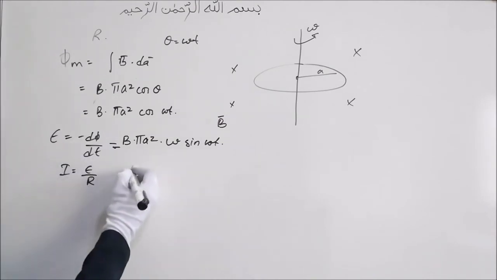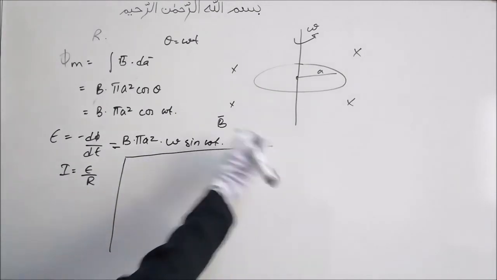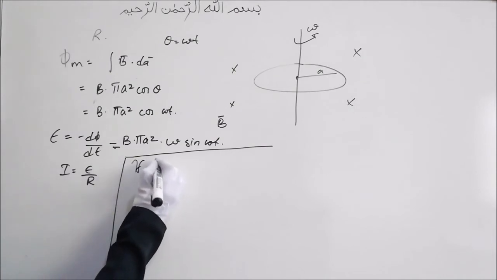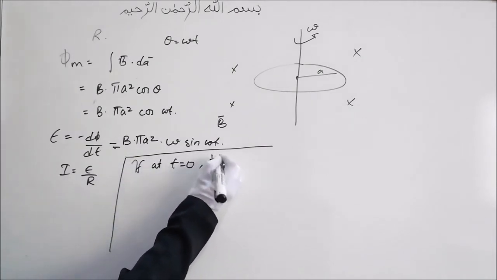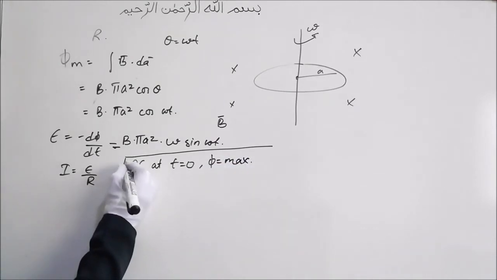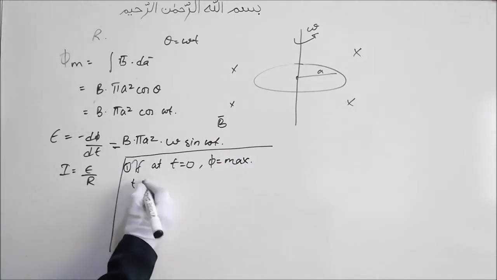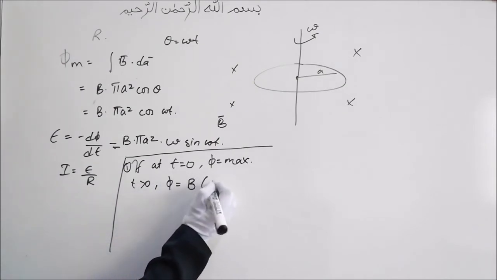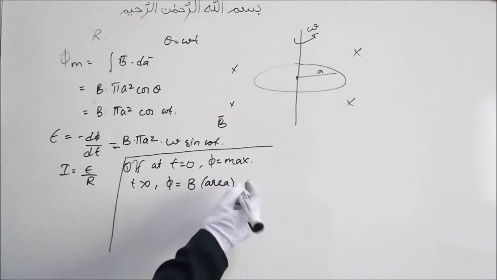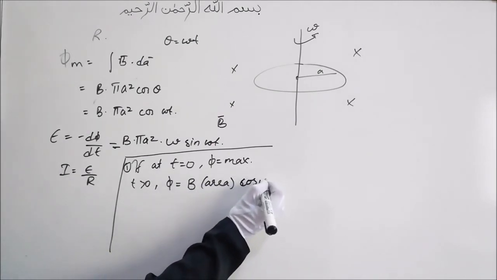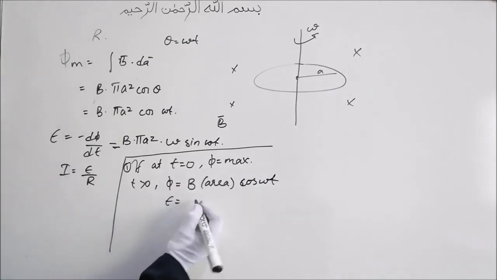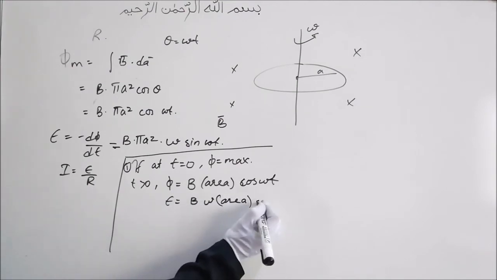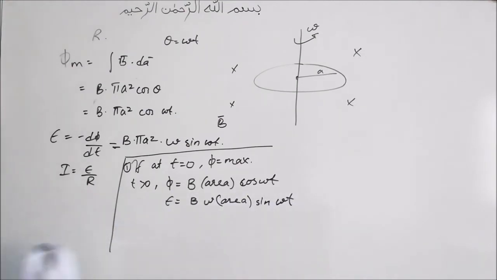So what you have to remember is this now. For a rotating loop, if at t equals 0 the flux is maximum, then for t greater than 0, the flux will be magnetic field B into area of that loop into cos omega t, and therefore the EMF will be B omega area sin omega t.